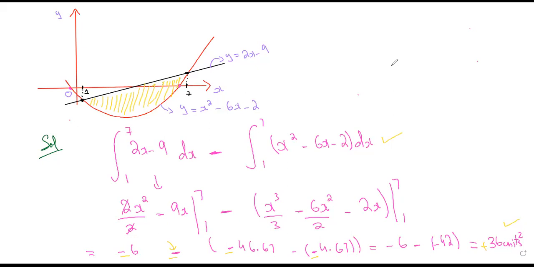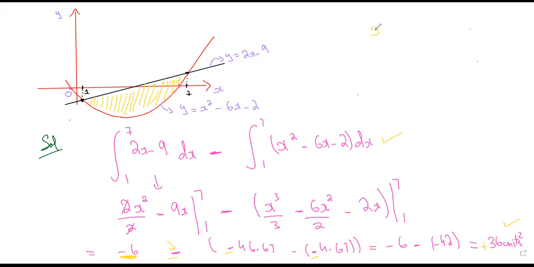Ma'am, where did you get the 6? Did you get it wrong? 49 minus 63. 49 minus 6. Where exactly? To x squared there. So that is 7 squared minus 9. Oh, you're saying this minus 6? Okay.